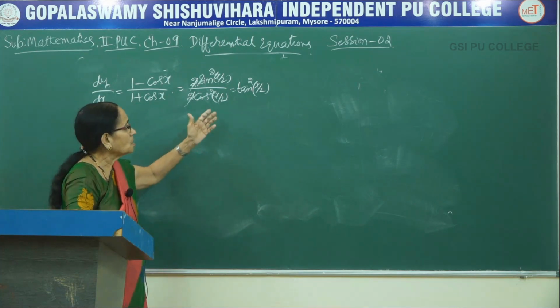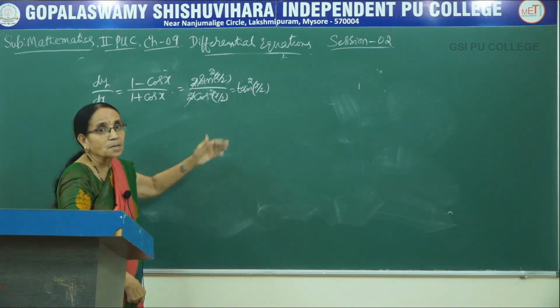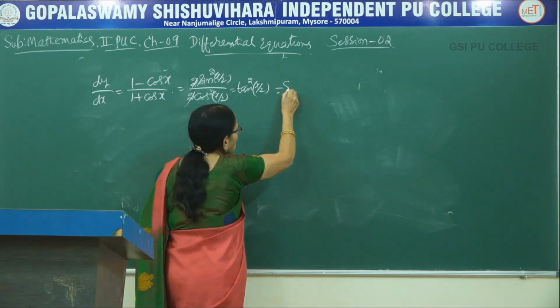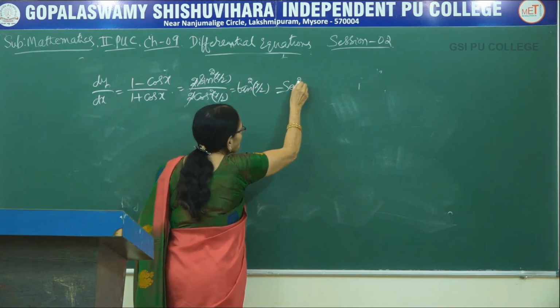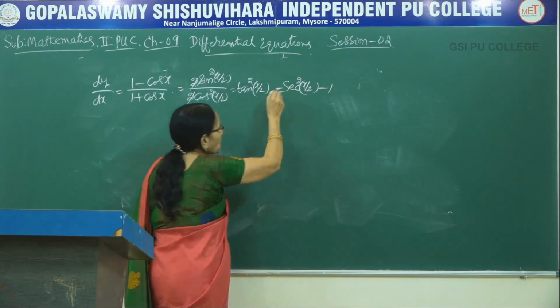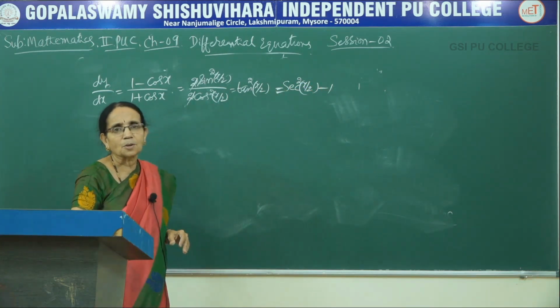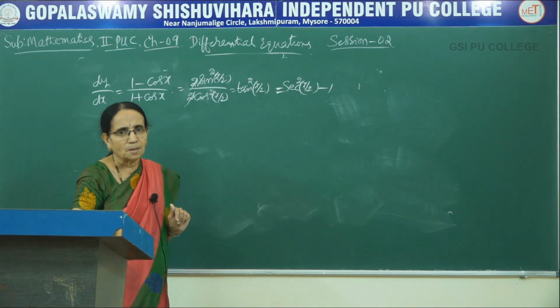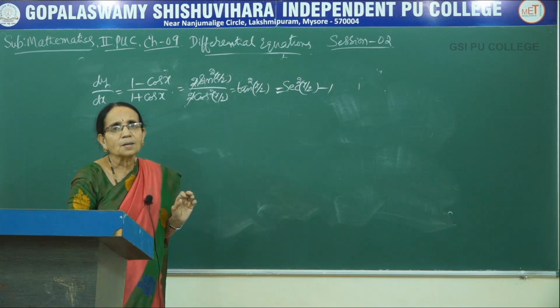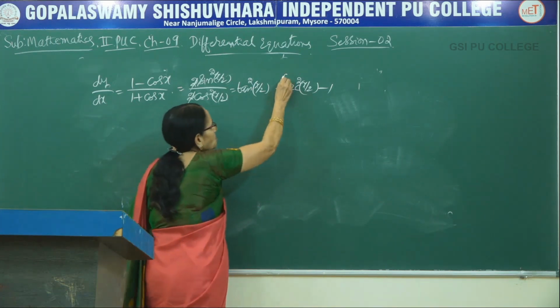We directly cannot integrate this one, but you can rewrite this one using the second identity of trigonometry. You know that 1 plus tan square theta is equal to secant square theta. Therefore, tan square x by 2 could be written as secant square x by 2 minus 1.